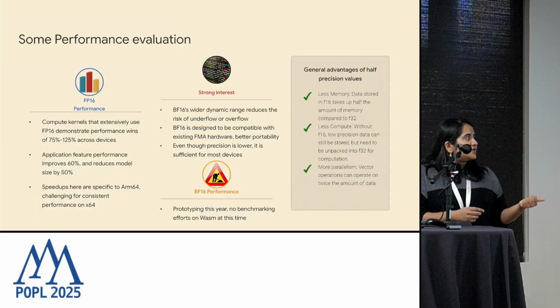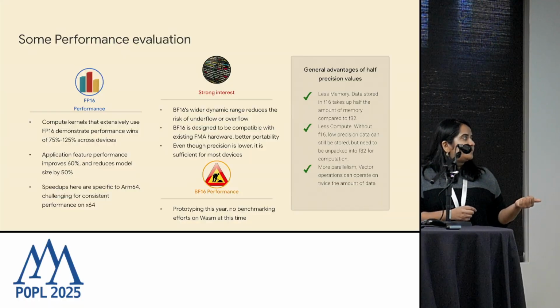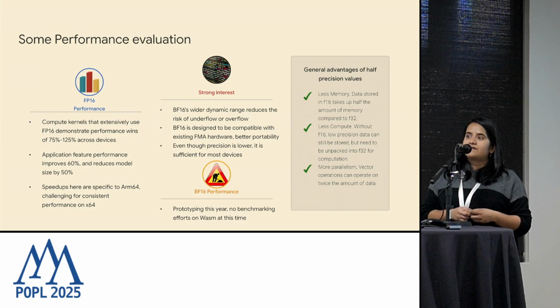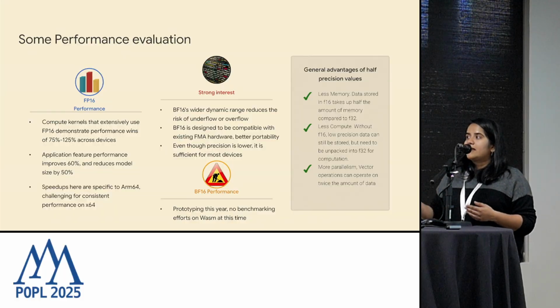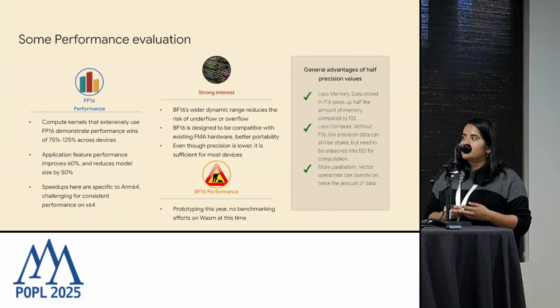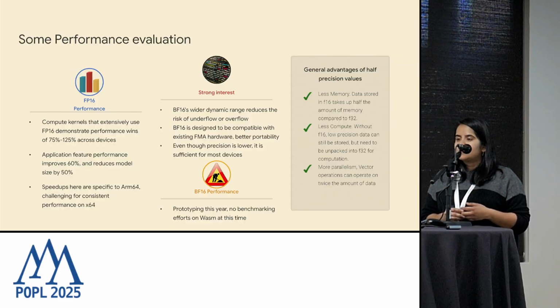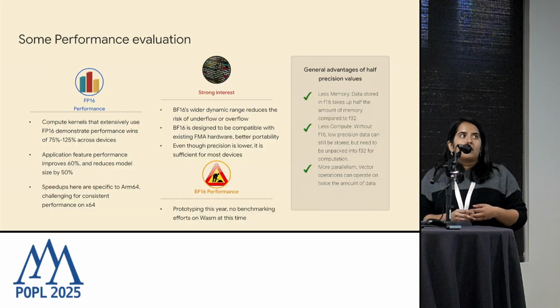I do want to mention that speedups here are specific to ARM64. They are challenging for consistent performance across x64 just because of varying degrees of hardware support over the years, and it still translates pretty reasonably well to the latest hardware, but we're still doing some work there.